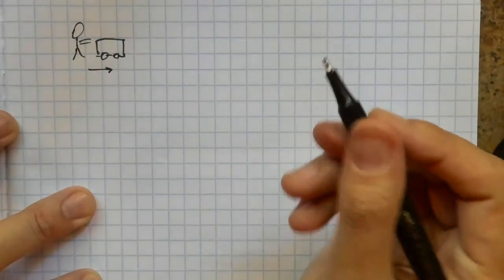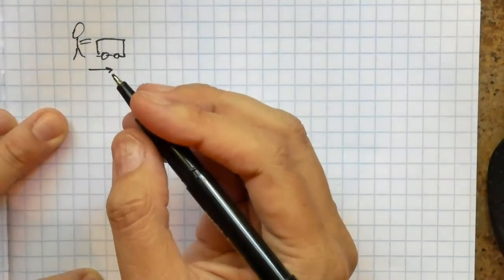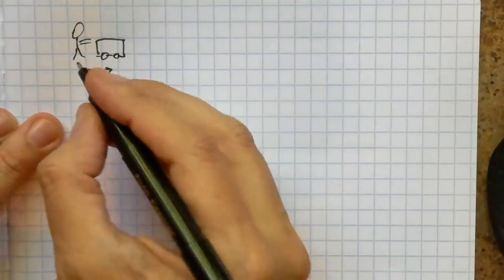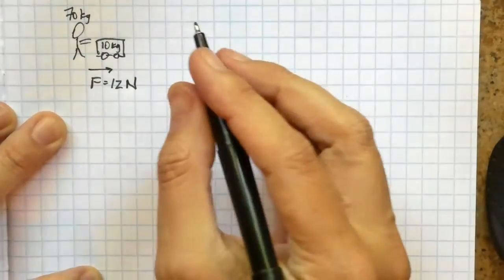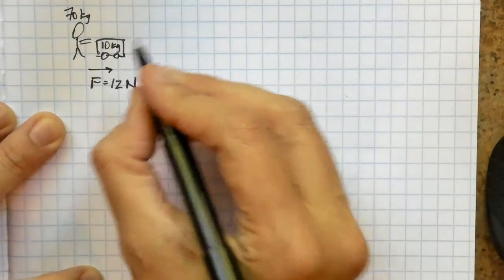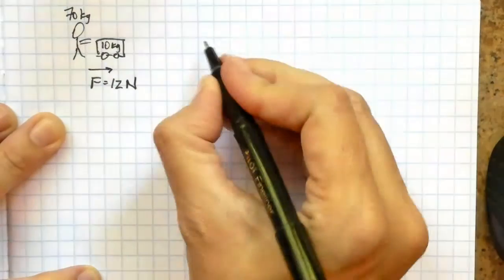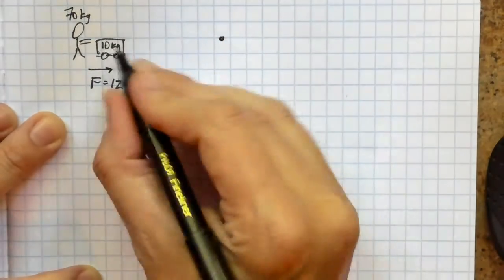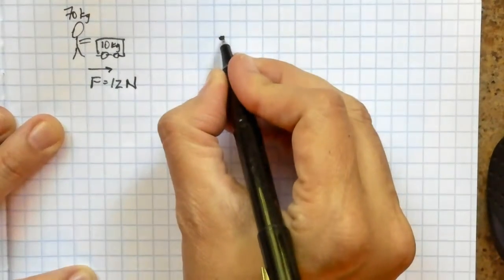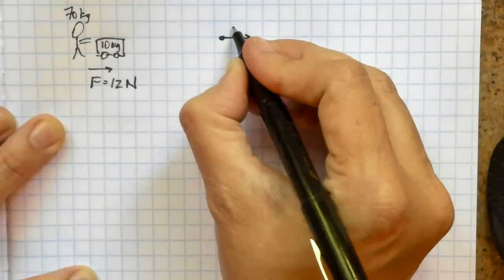For this problem, we have a 70 kilogram person pushing a 10 kilogram cart with a net force of 12 newtons. First thing I want to do is create a free body diagram. I'm actually going to create the free body diagram for the cart. And the cart is experiencing an applied force of 12 newtons.